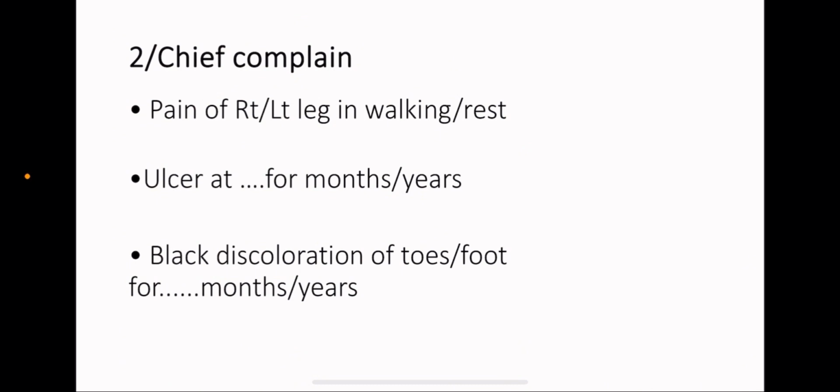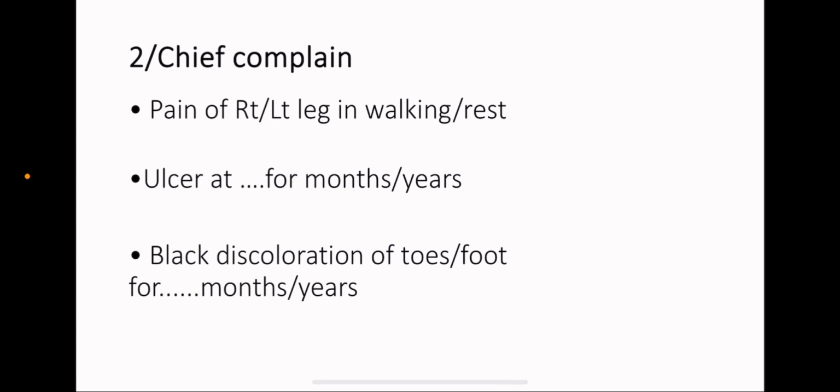Then secondly, we will ask for the chief complaint. Okay, Mr. John, tell me what brought you today to the hospital. So you will ask for the main complaint that brought the patient to your care today. For vascular, one of the most common complaints is pain. You have to determine: is it right or left, while he's walking or at rest.